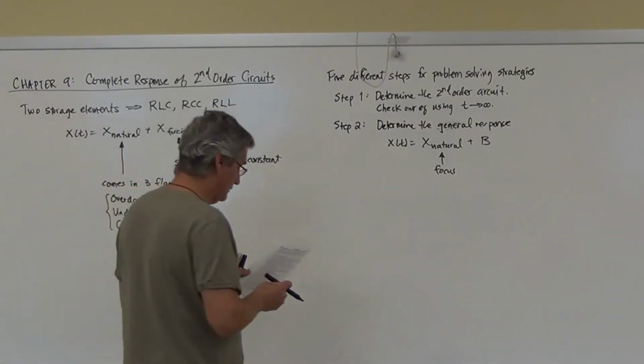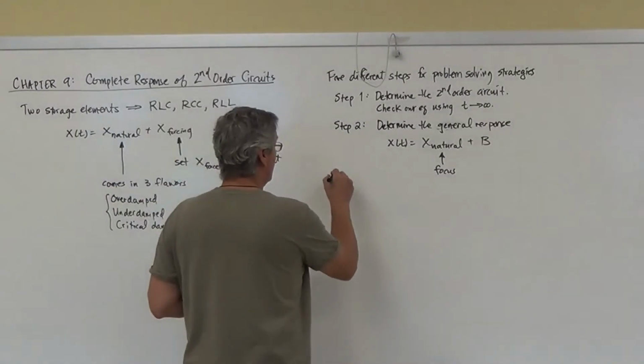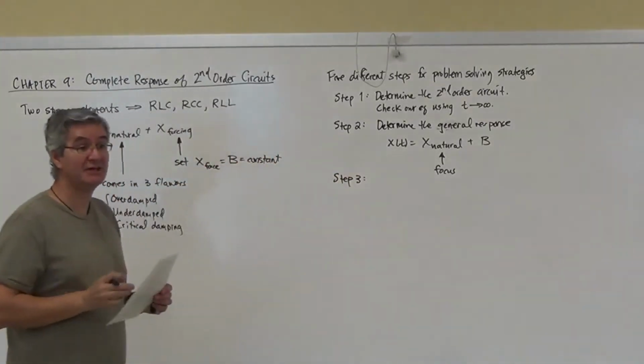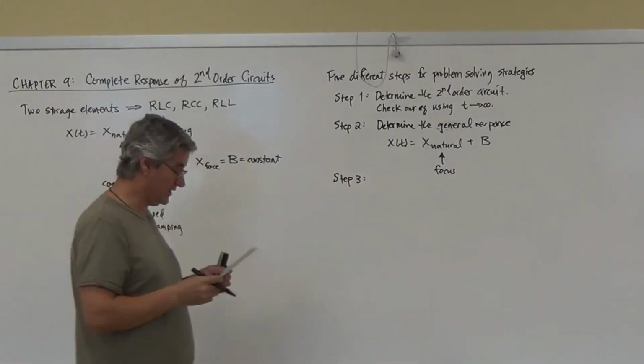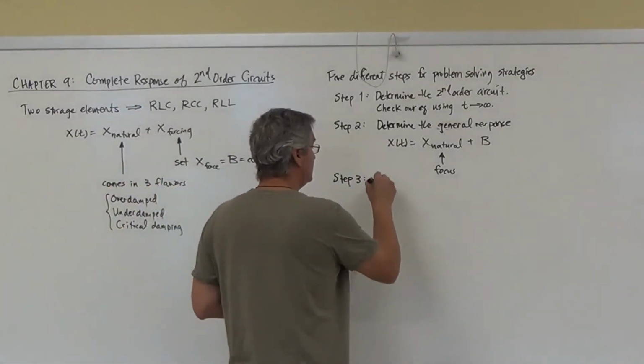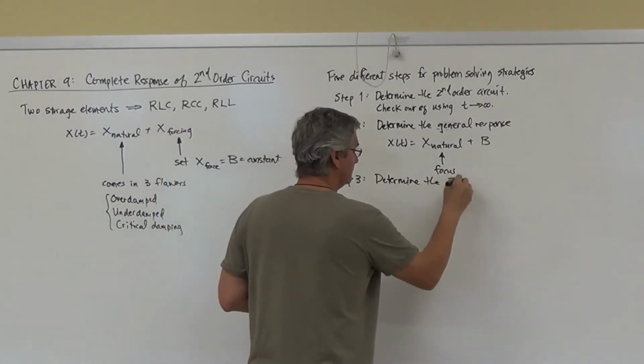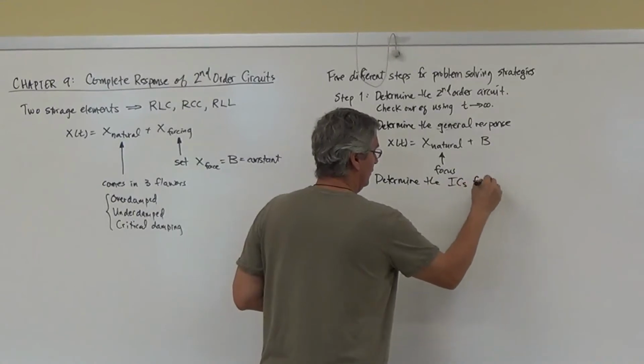Then we go to step 3, and now we have a chapter 7 problem. In chapter 7, we determined the initial conditions for the circuit.